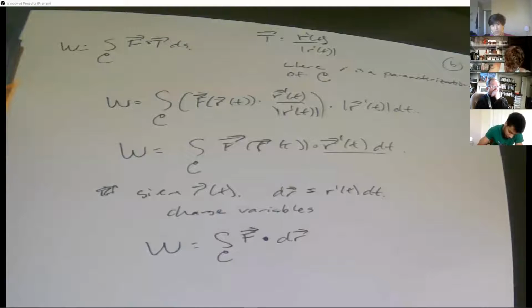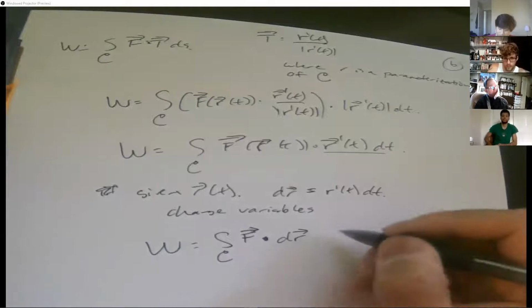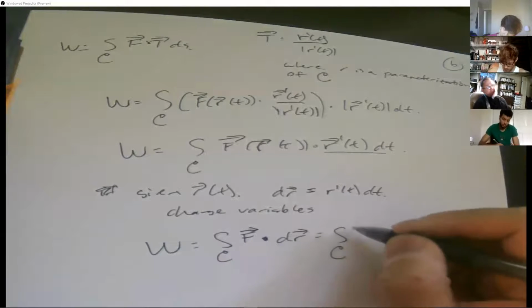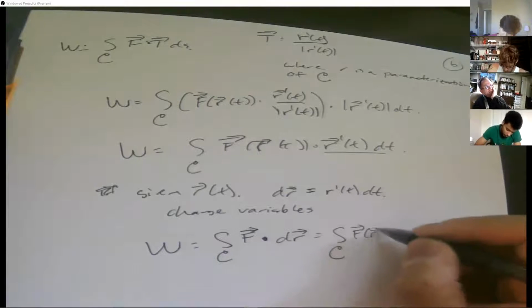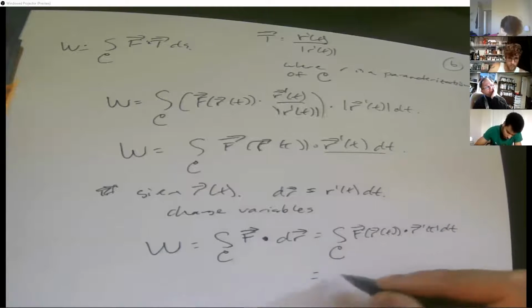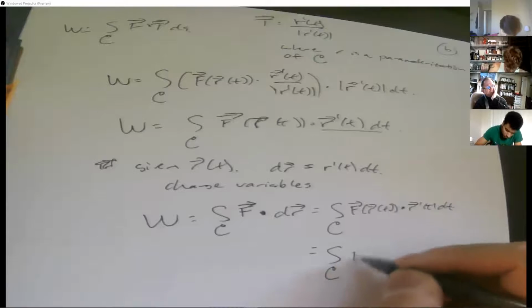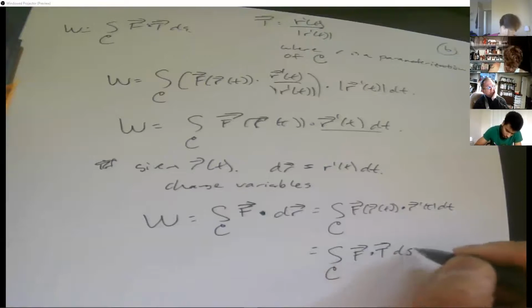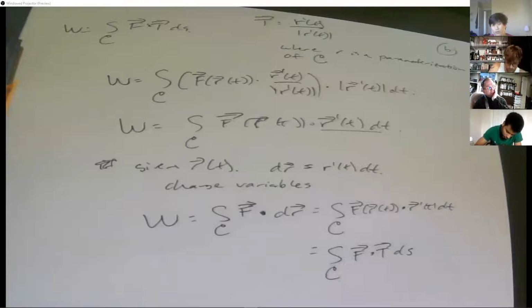All we've done is essentially change variables. So the work can be described like this, or like this, or like this. This is a very common description of work: integral F dot dr. Any questions?